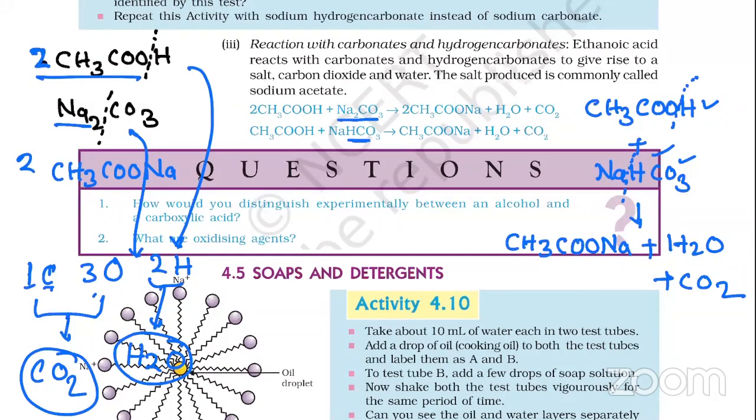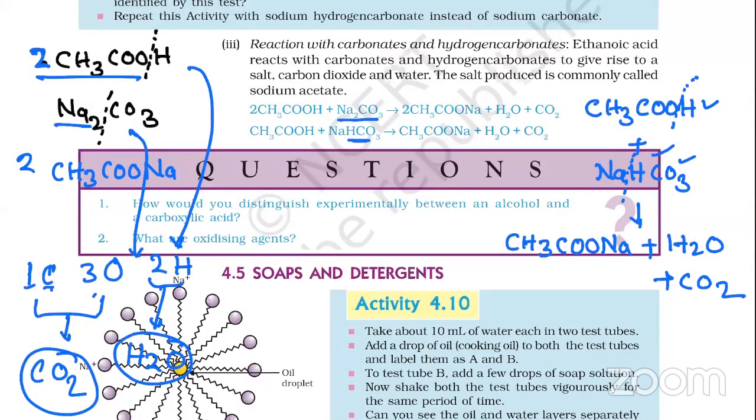The product is CH3COONa plus H2O. And if we conduct the same reaction with an alcohol, for example, I am taking C2H5OH and making it react with NaOH, it will give no reaction. Done.